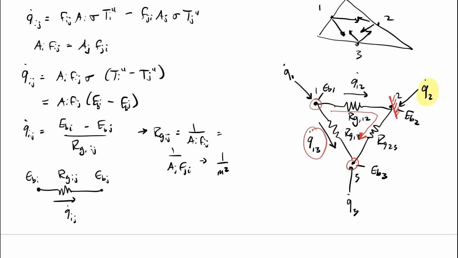You start to see that every surface can see its other counterparts. You're going to have these crisscrossing resistances, and it actually is not that helpful to draw a resistance network for those types of problems. But let's say we have an N surface resistance network.